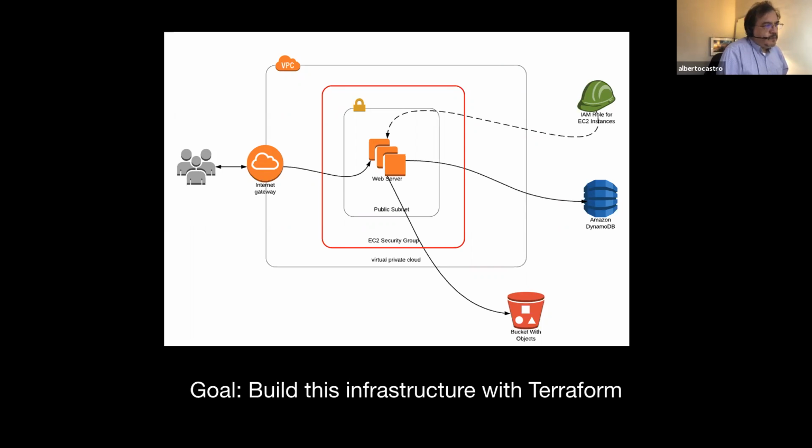The IAM role is a construct of IAM, which is identity and access management in AWS, that allows the EC2 instance in this case to access DynamoDB and S3. Now, these are all objects that are created in AWS. But Terraform can manage all these and create them, and we're going to see how that works.